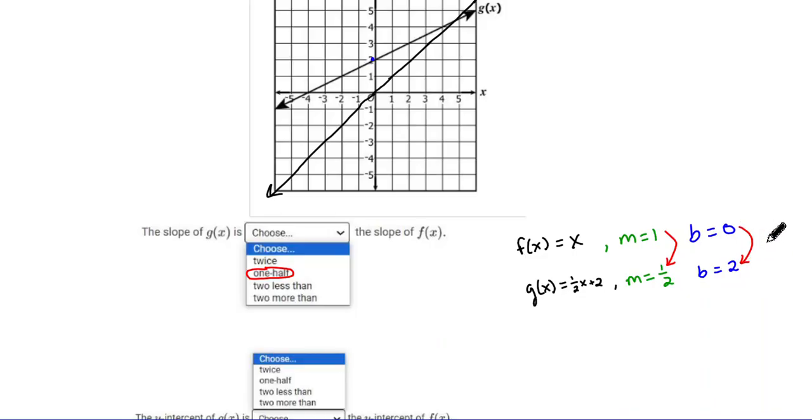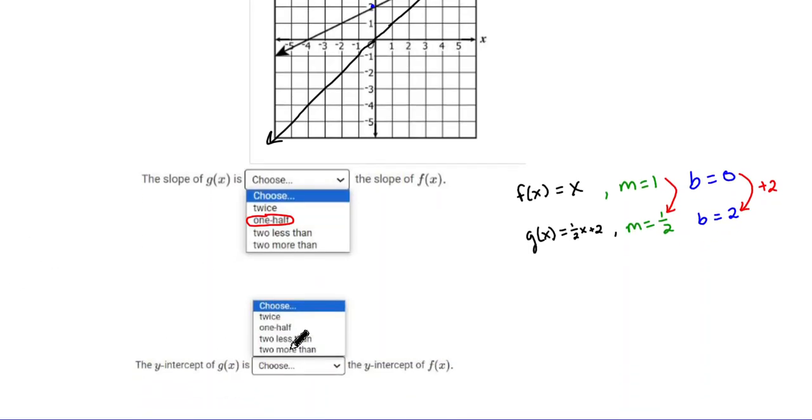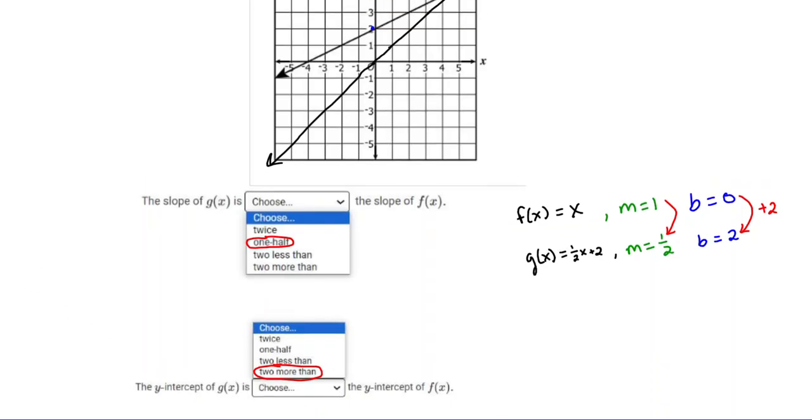So the way to go from here, we added 2, or it's 2 more than the y-intercept of f of x. So yeah, that's what that is.